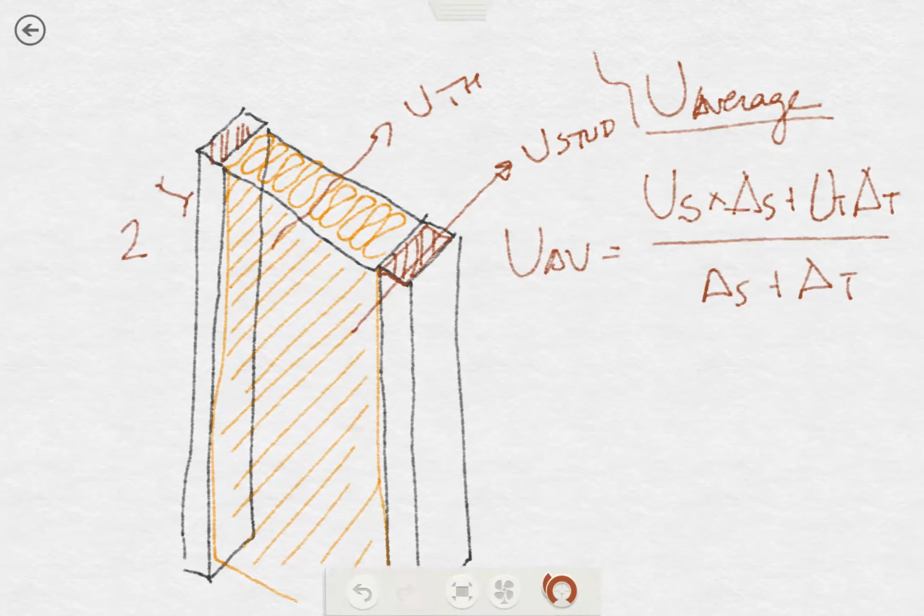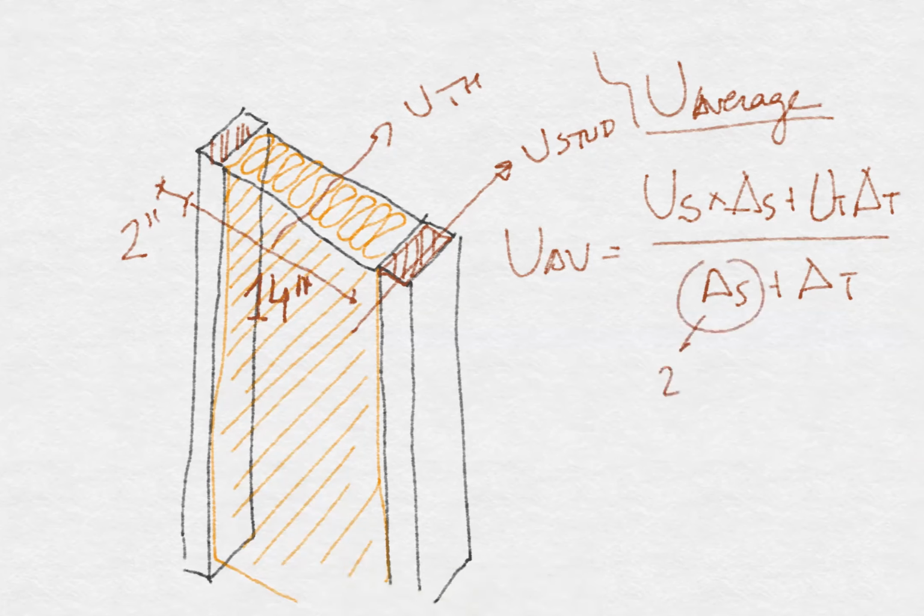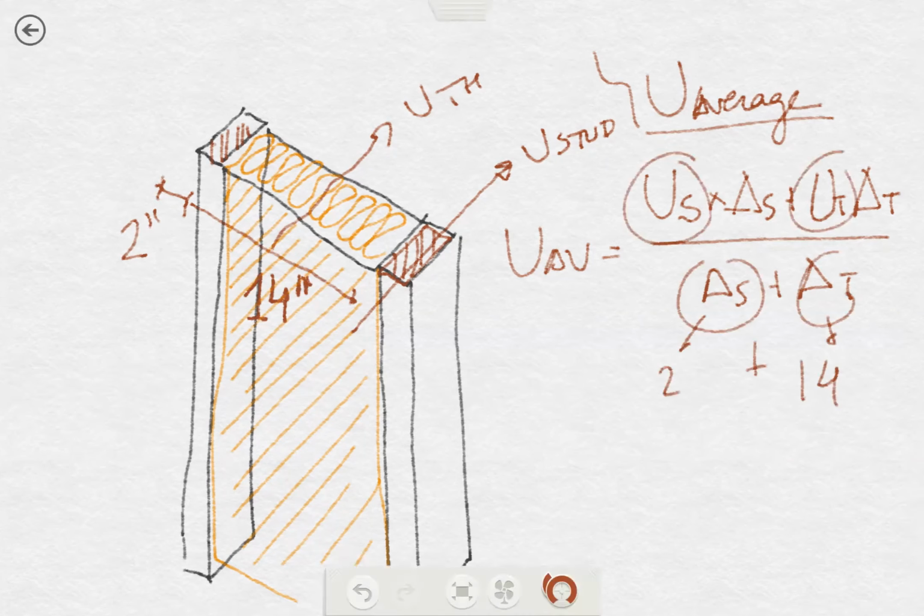Dimensions, I think in a traditional wood framing, it's always 2 and 14 inches. So this is always 2 plus 14, and then the U value through the stud and the U value through the thermal insulation. This is what you have to calculate.